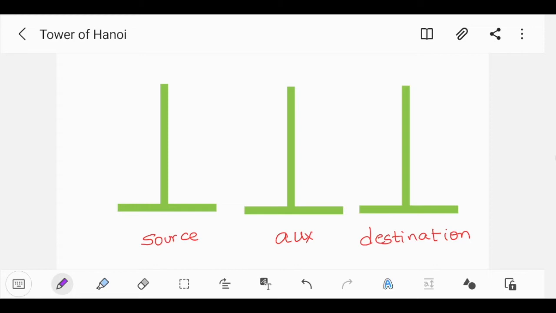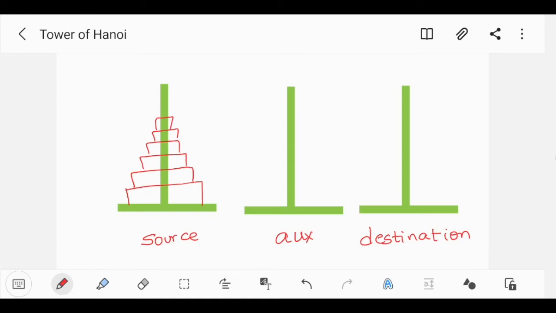Let's say there are n disks being given. I have to come up with an algorithm to solve it for any number of disks, and we will look at how to do it recursively, right? So let's assume we have a set of disks. I'll make it all the same color here. There's the biggest one, then one above it, a series of disks being given to us.